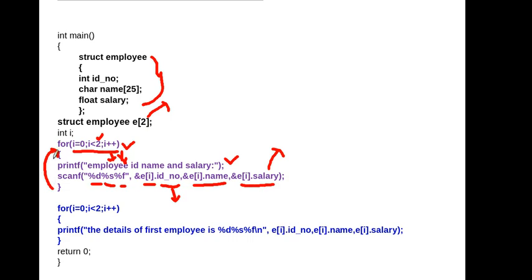Then it goes back to the for loop, I is incremented by 1 and becomes 2. 2 is not less than 2, so the condition fails and the control comes out of the loop.